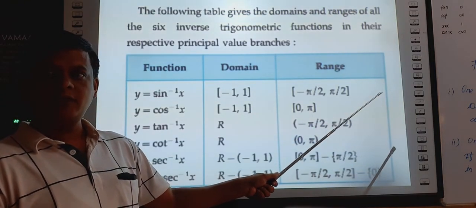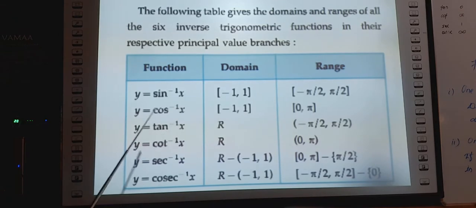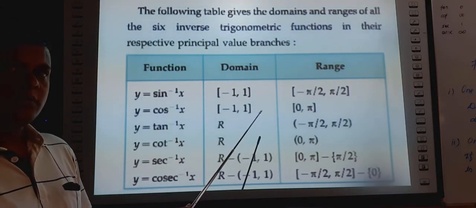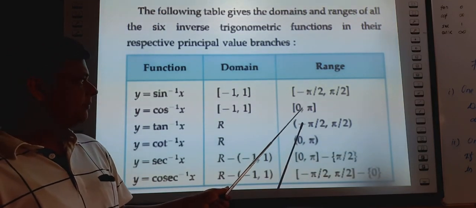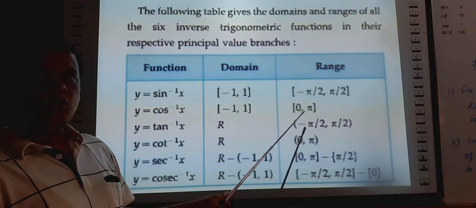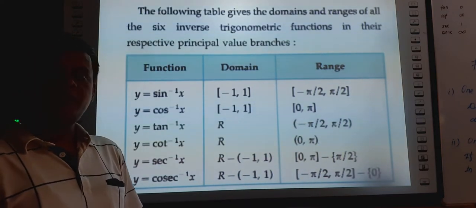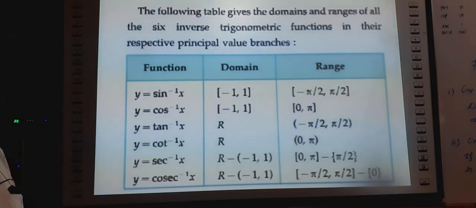That is for sin inverse x. Now for cos inverse x, the domain must be the closed interval [-1, 1] and the angle which we find must belong to the closed interval [0, pi]. Such types of conditions we saw in principal solutions.